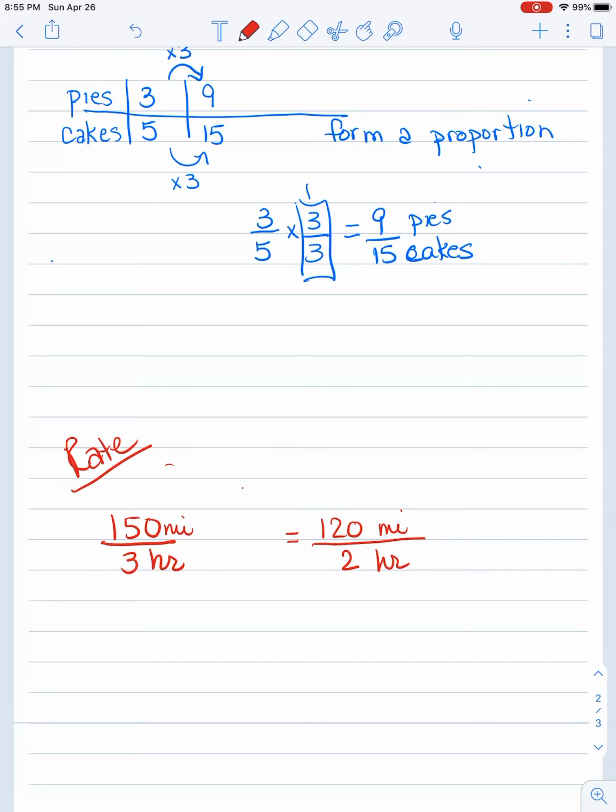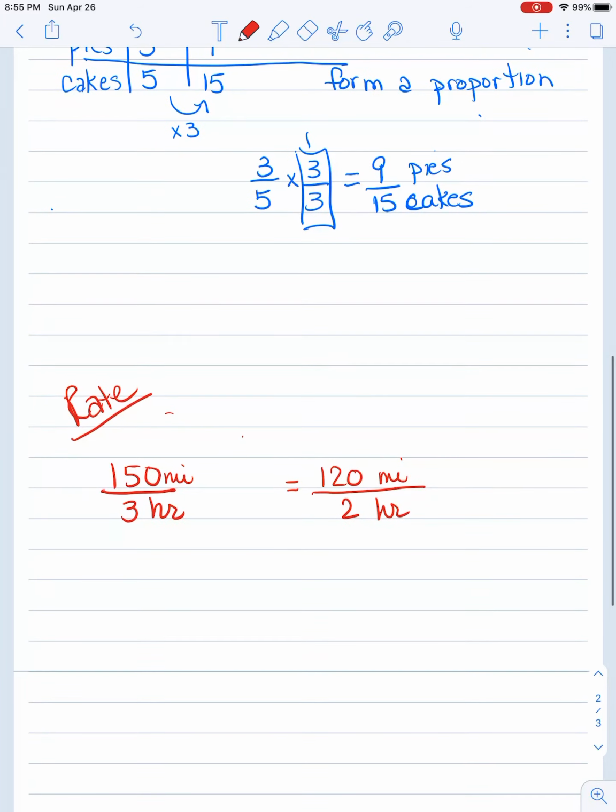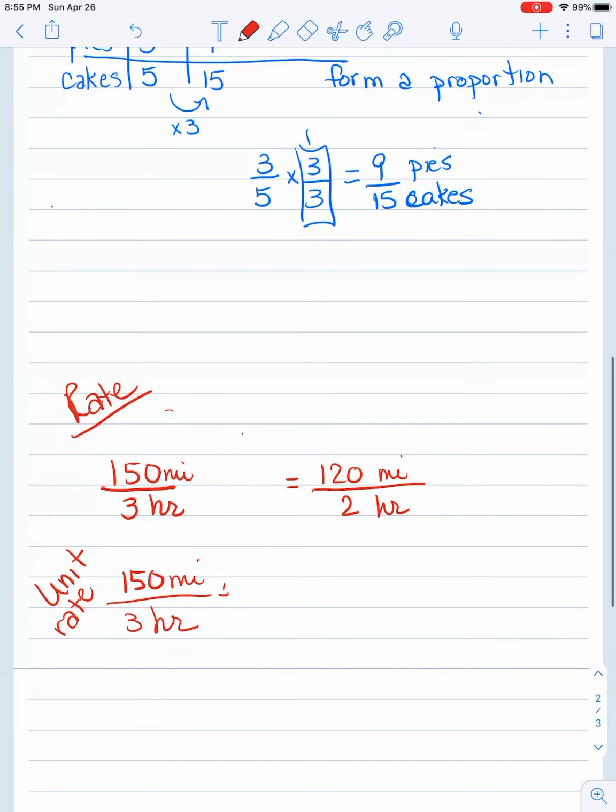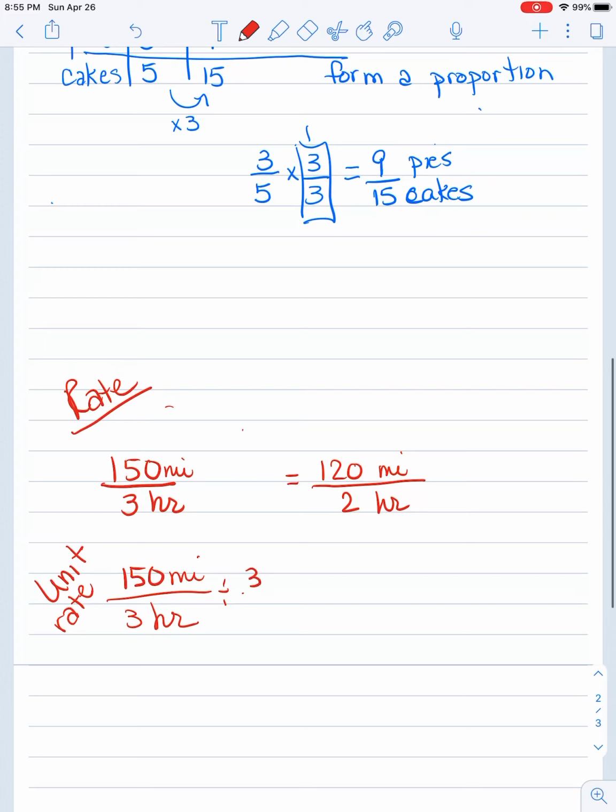But what I can do is I can take my 150 miles in 3 hours, and I can find the unit rate. And how am I going to do that? I'm going to divide both quantities by the denominator.